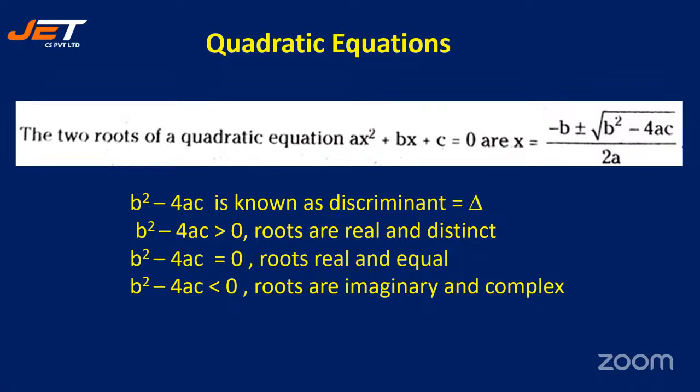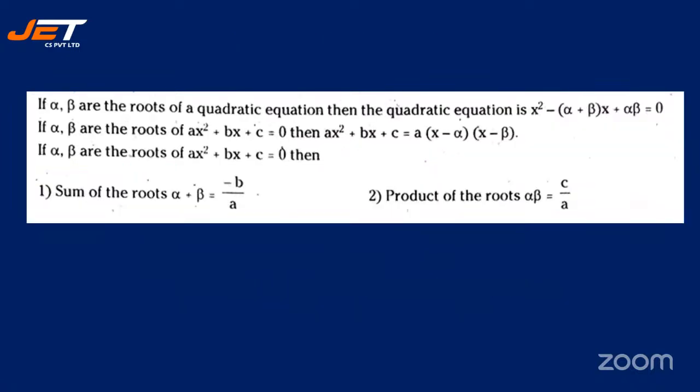If it is equal to 0, then the roots are real and equal. If it is less than 0, then the roots are imaginary and complex. Because we'll get a few MCQs based on this. Now let's move on to the next one.